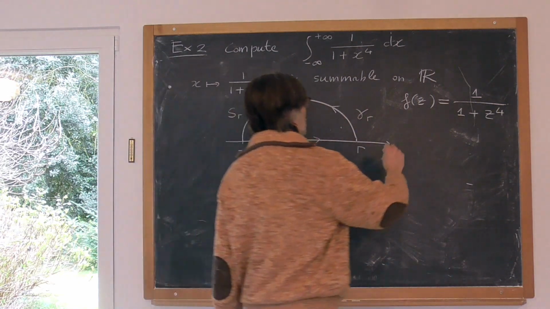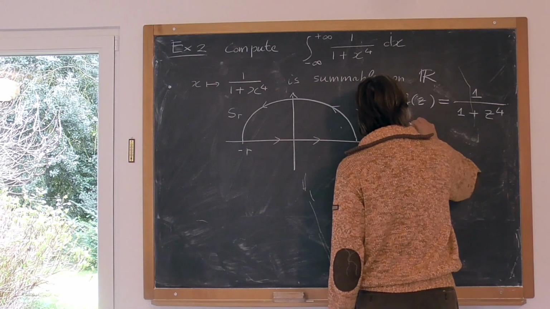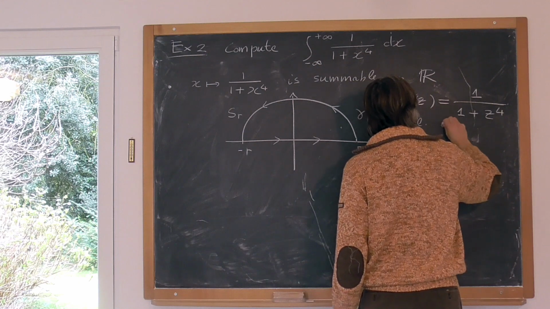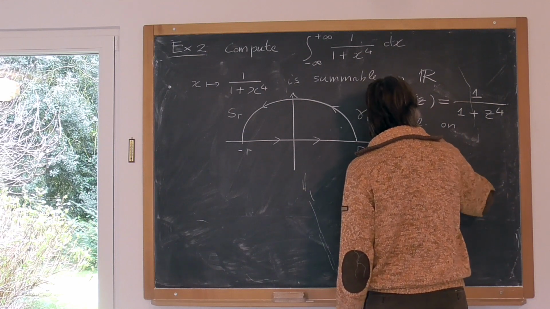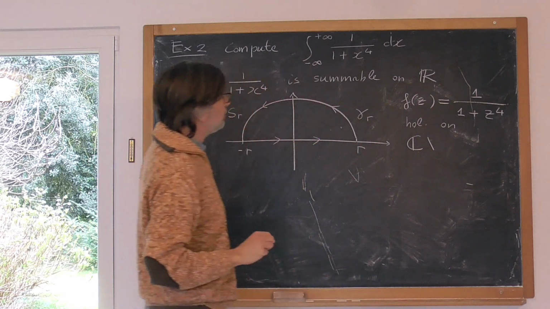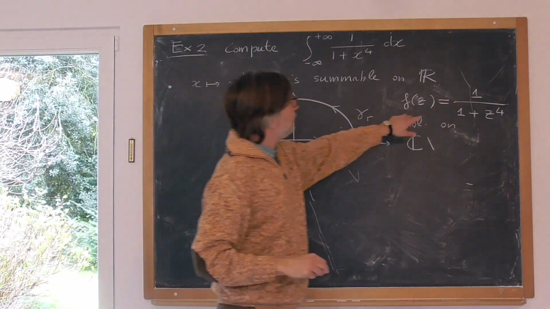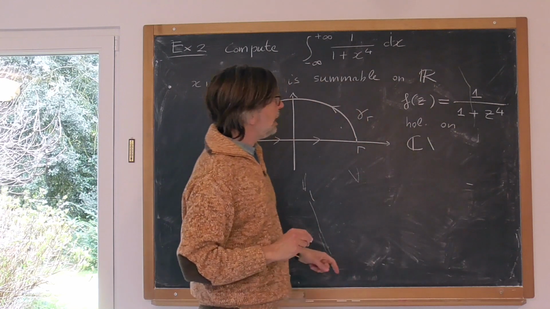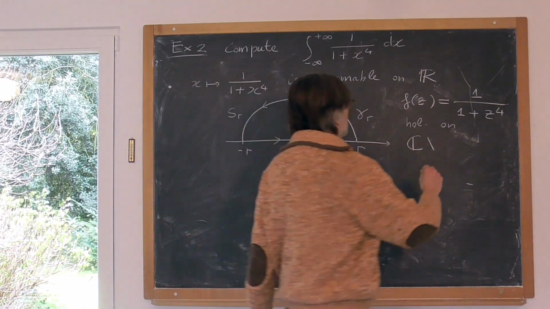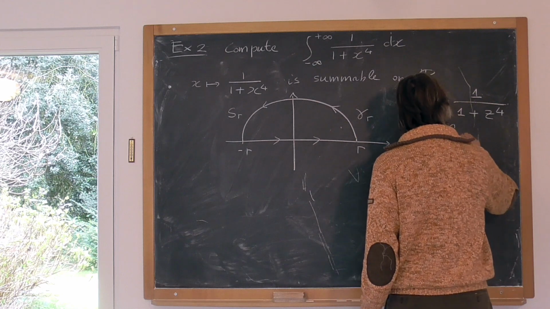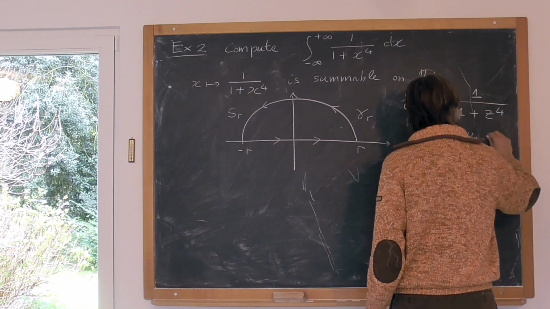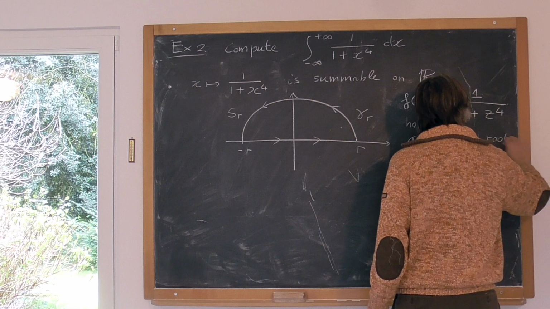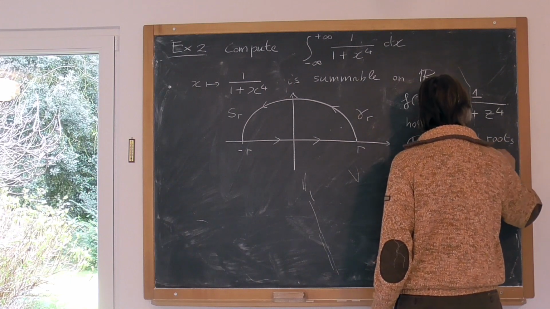And this is now a rational function, so it's a holomorphic function on C minus the poles of this rational function, namely the zeros of the denominator, and the zeros of the denominator are the fourth roots of minus 1.